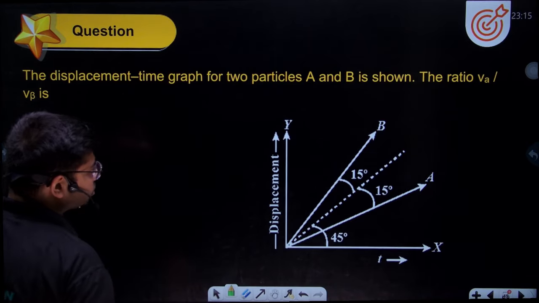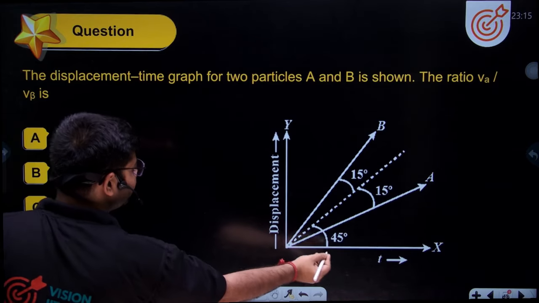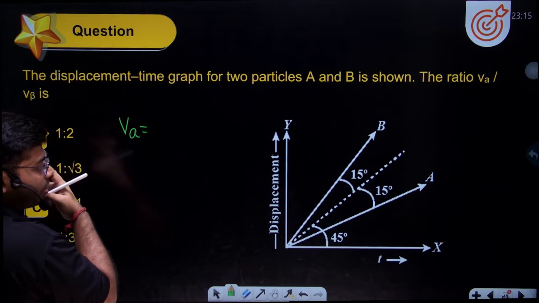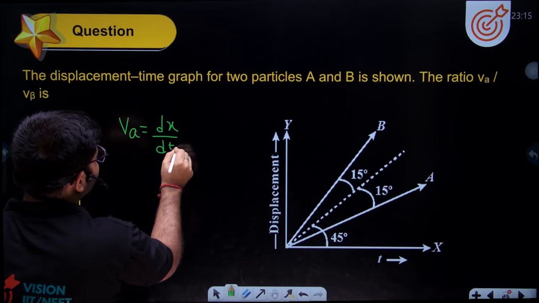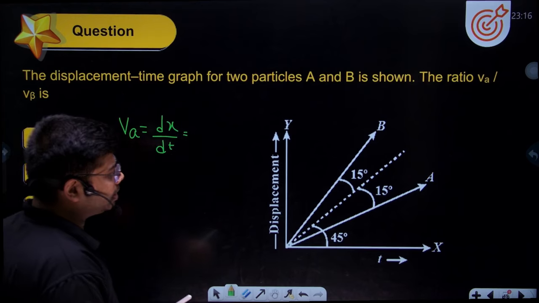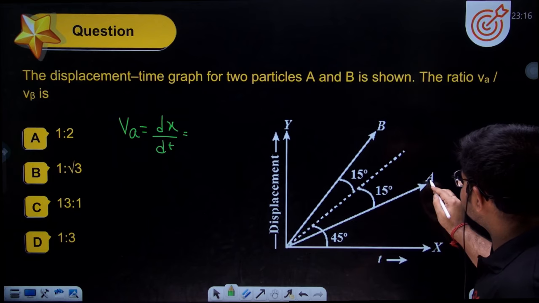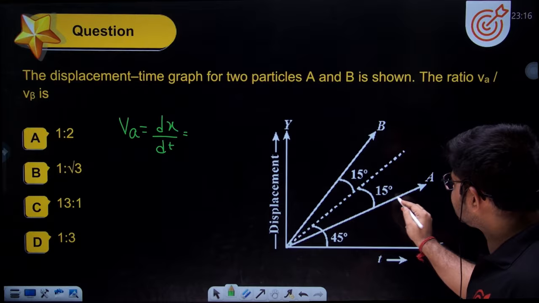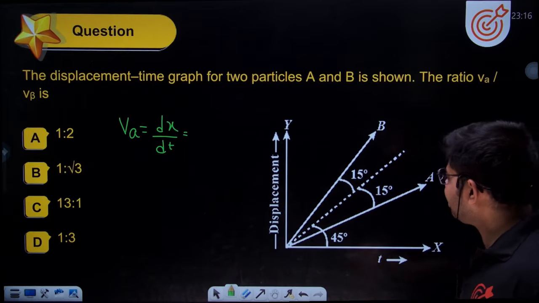If it is a displacement time graph, VA is going to be dx/dt. That means VA is nothing but the slope of this curve, because this is A.